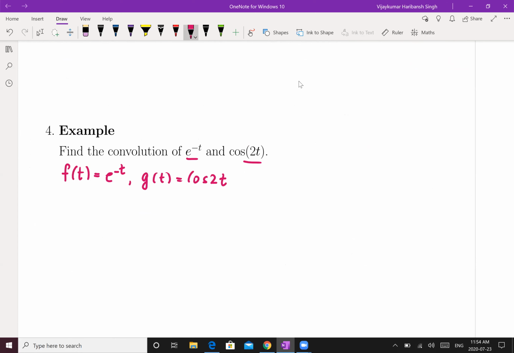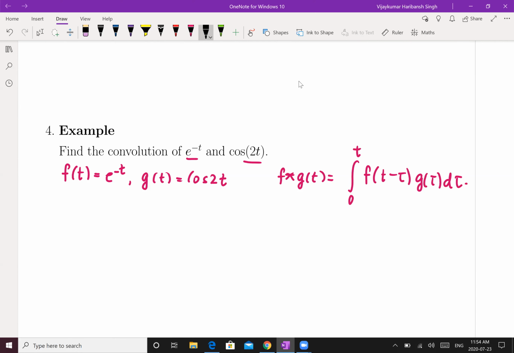Now let me recall the formula. f star g at t is the integral from 0 to t of f of t minus tau, g of tau d tau.